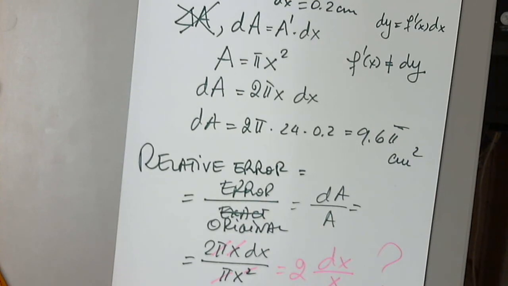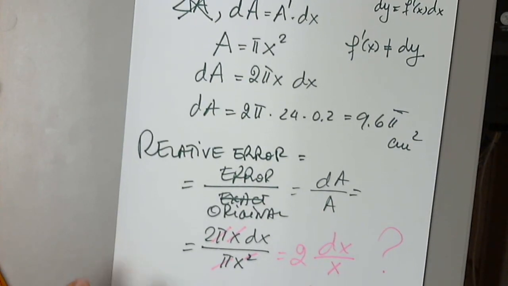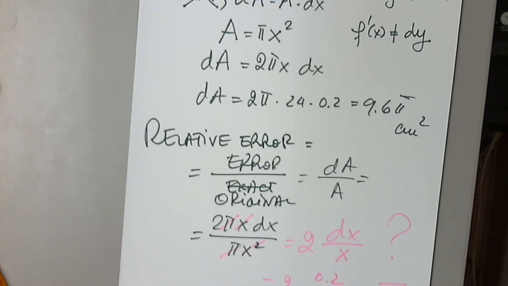And now you can put the numbers in. 2 times 0.2 over 24, whatever that is. 0.1666?